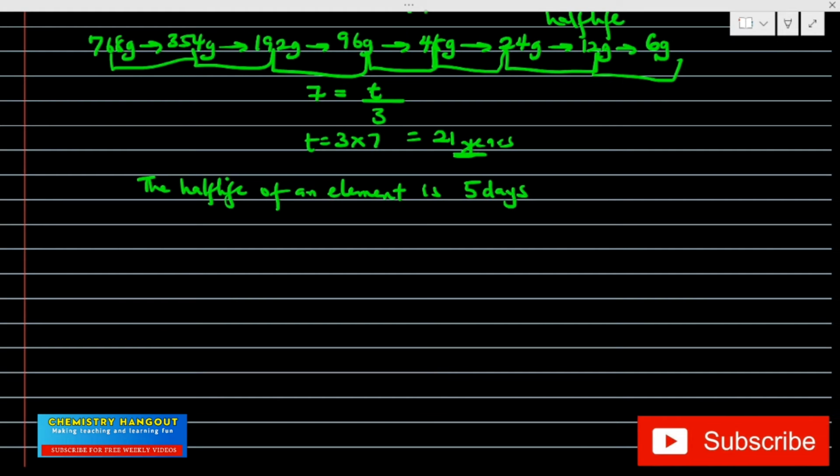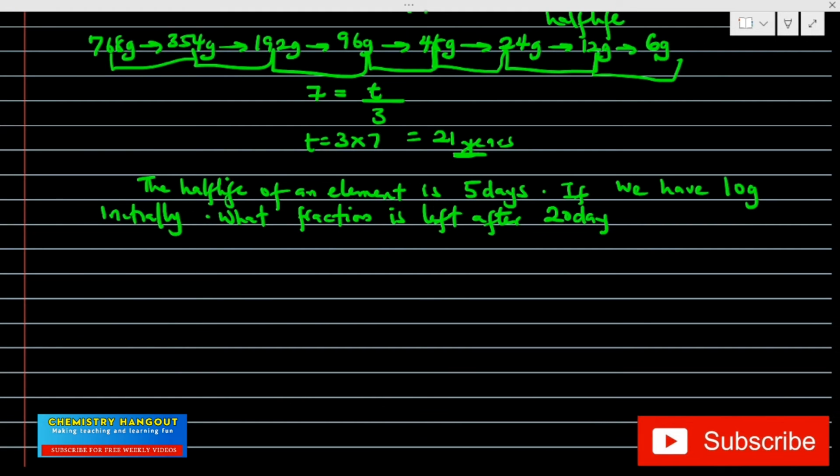If we have 10 gram initially, what fraction is left after 20 days? So take note, guys, the question can come in fraction, the question can come in percent.